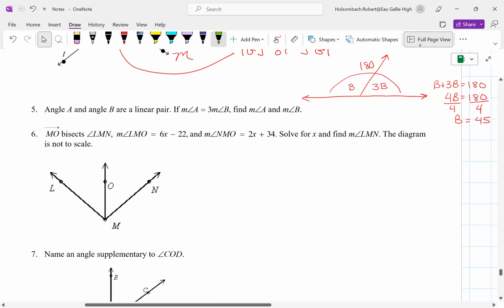So if angle B is equal to 45 degrees, then angle A is equal to 3 times 45 degrees. So A is equal to 3 times 45, which is 135 degrees. So those are your two angle measures.